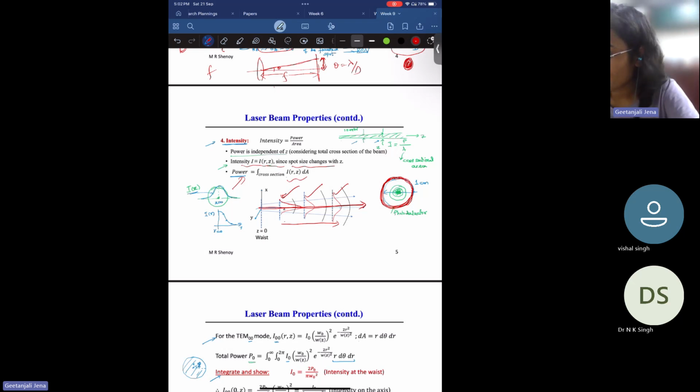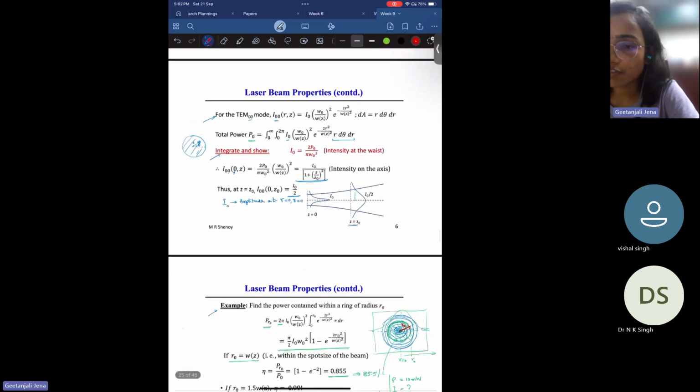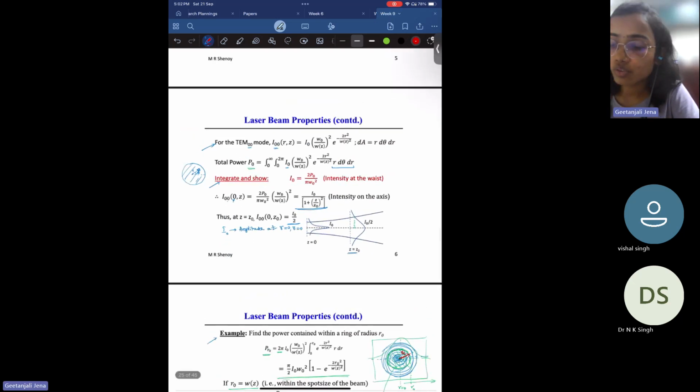Now we'll see some examples. The first one is the fundamental mode, where both n equal to 0 and m equal to 0. If you recall, this shows a Gaussian pattern, right? For the TEM00 mode, we have the intensity I00(r,z), given by this formula with I0, the spot size squared, and an exponential term.